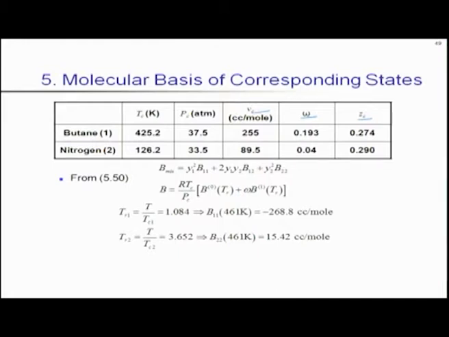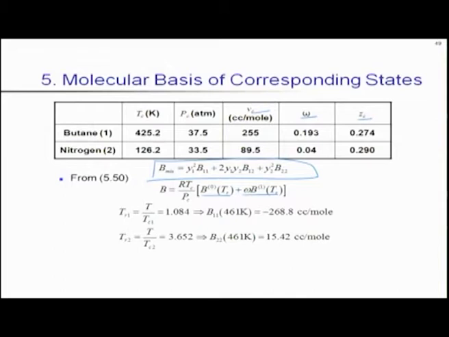Similarly nitrogen is given. Now what we want to find is the second virial coefficient for the mixture, which from the expression should be y1 squared B11 plus 2 y1 y2 B12 plus y2 squared B22. How do we calculate the B's? We know that B is RTc by Pc times an expression with the eccentric factor, and this is not 0, which means they are not simple fluids.